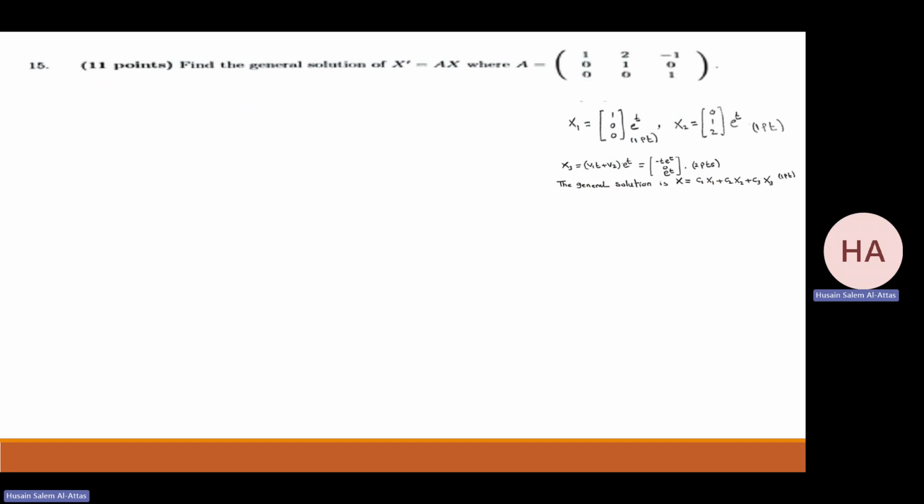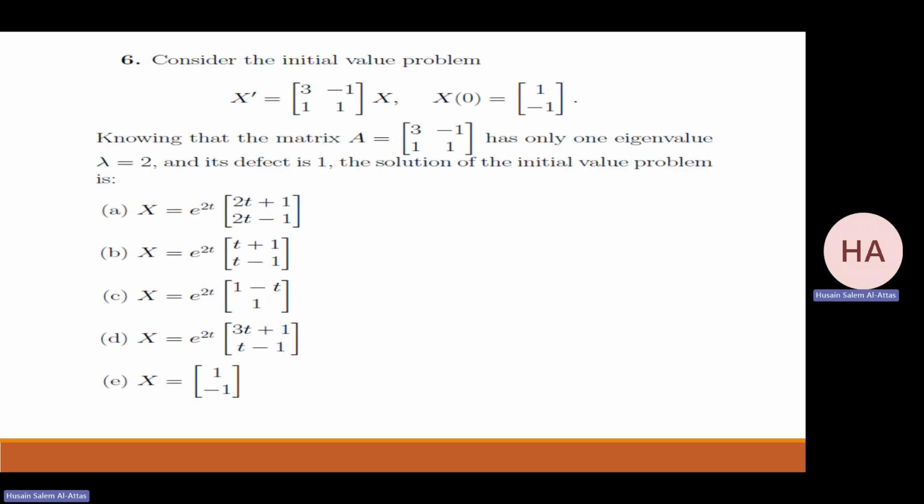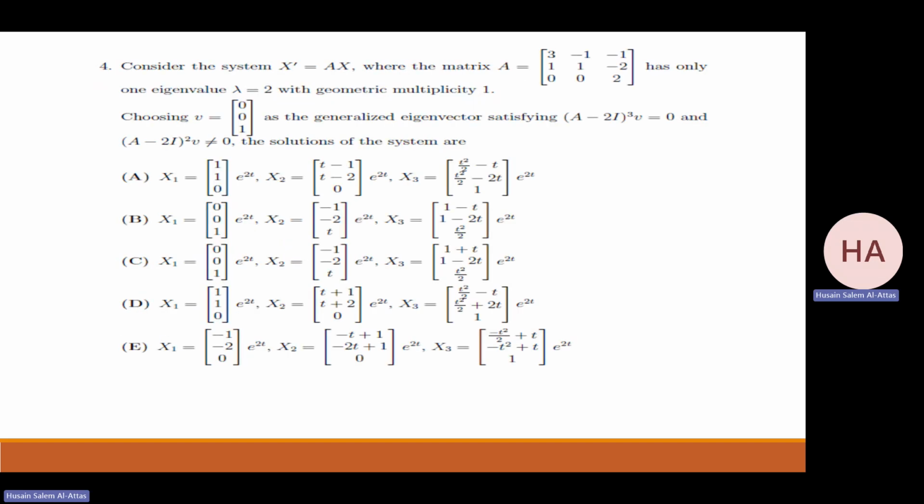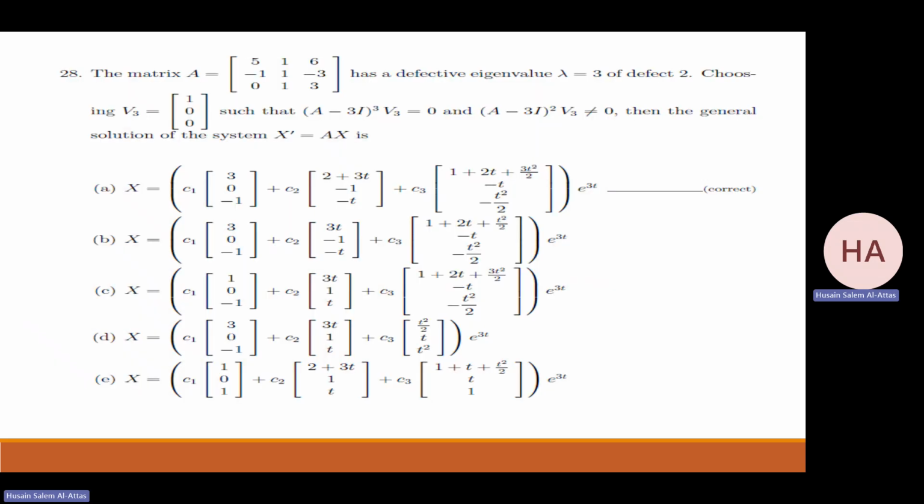Find the general solution. That was when we have a written exam. It can be done like this. If it's a written exam, I can do it this way. But if it is multiple choice, it will be very complicated to get the answer, unless you have an initial condition that will force you to get the answer, or they will give you the options for U1, U2, U3.